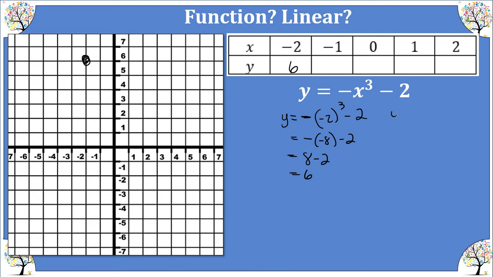Then we're going to plug in, so I have negative from the equation, use parentheses to plug in our x value of -1 cubed minus 2. Exponents first. -1 times -1 times -1 is -1. -1 times this understood negative is +1, and we end up with -1. So we have -1, -1, and then let's plug in 0.